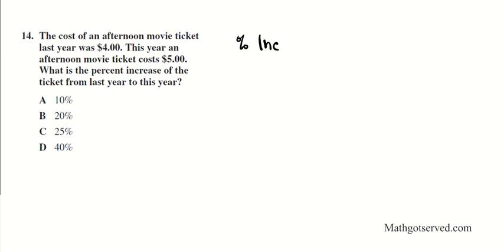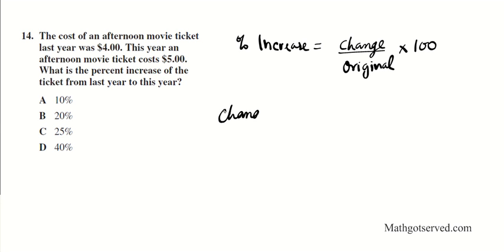But percent increase is basically the change divided by the original price, and then multiply the quotient by 100, okay? So what is our change here? Well, the change was from 4 to 5, so we're going to subtract 4 from 5. 5 minus 4, which is basically 1.